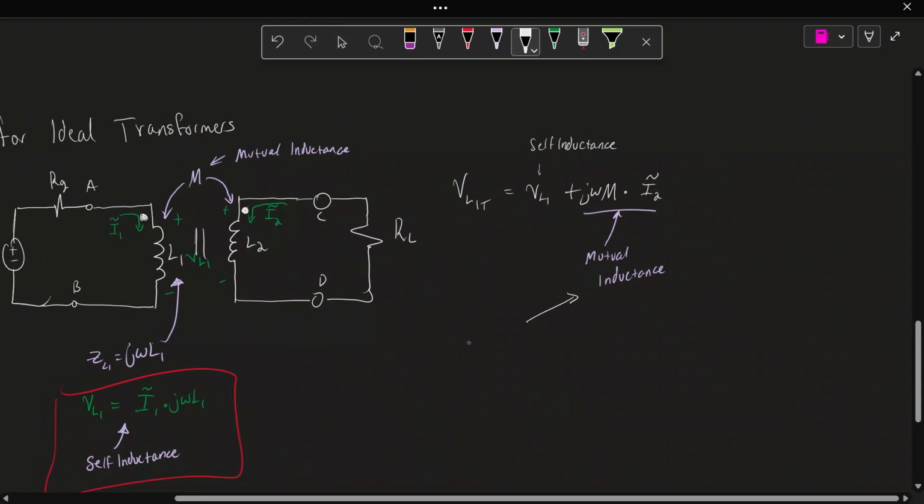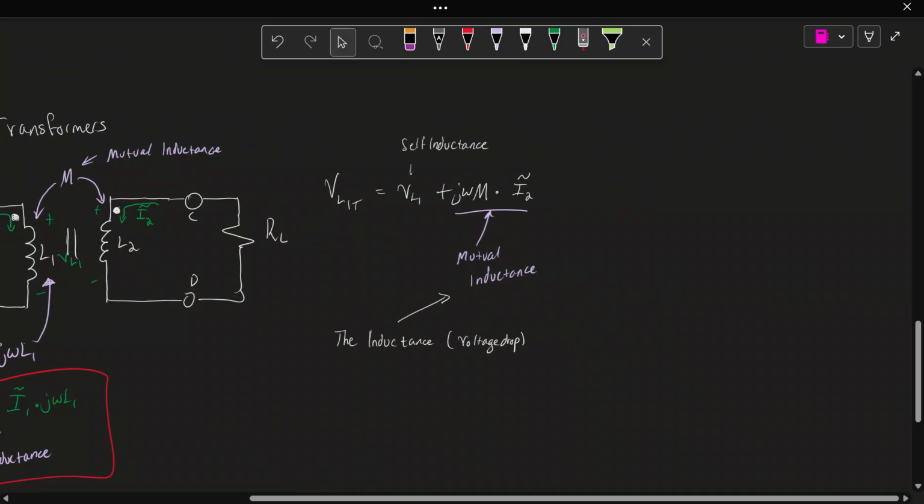This here is the inductance, or voltage drop. I guess it's not the inductance, but the voltage drop that the current of I2.